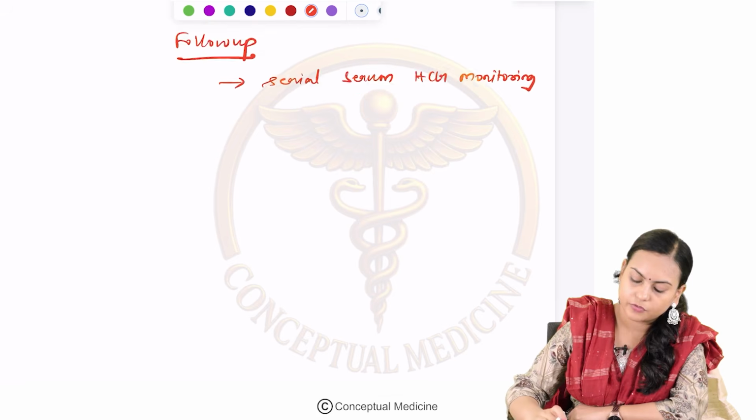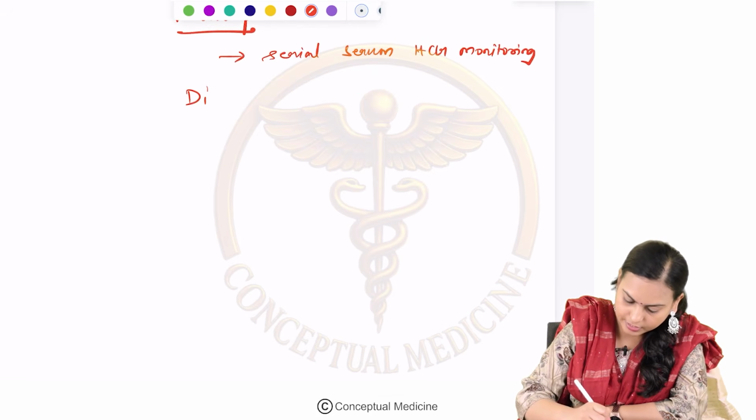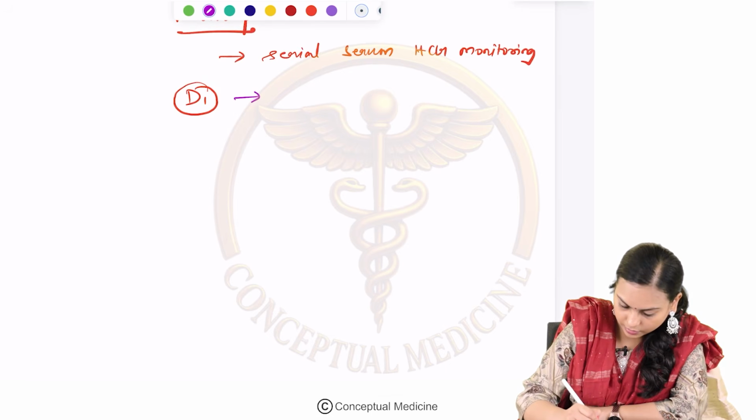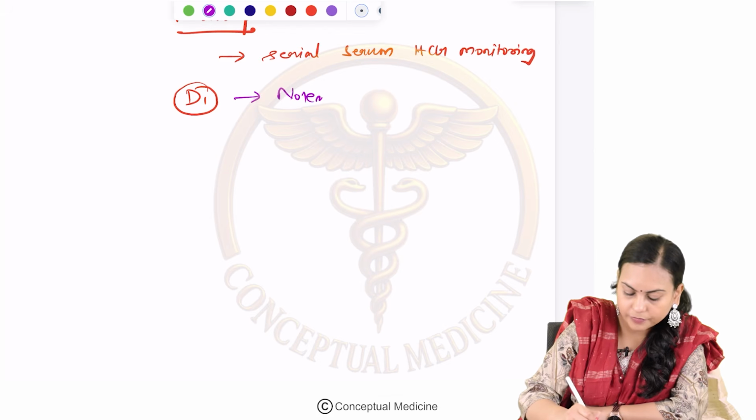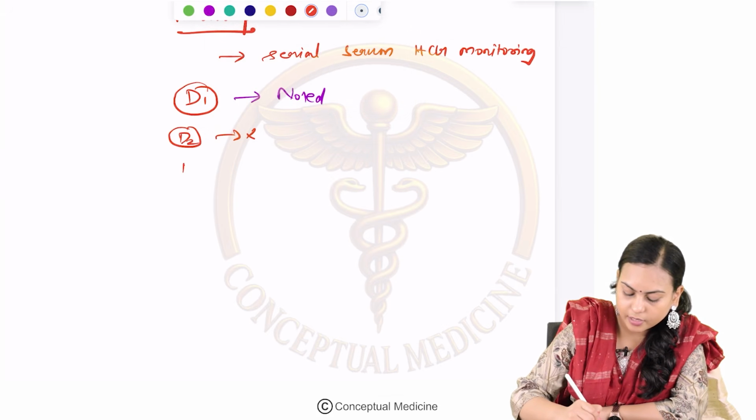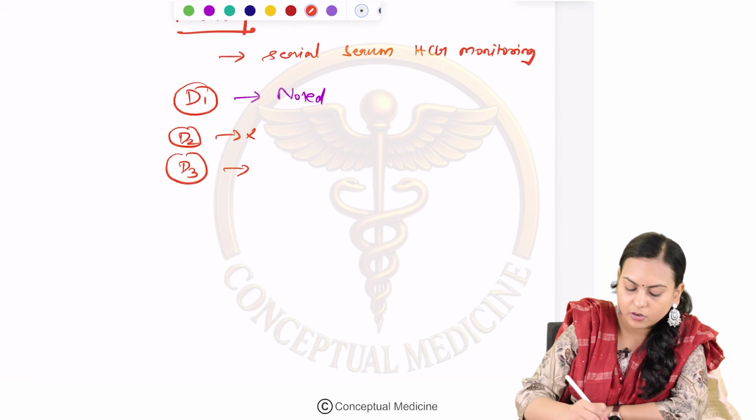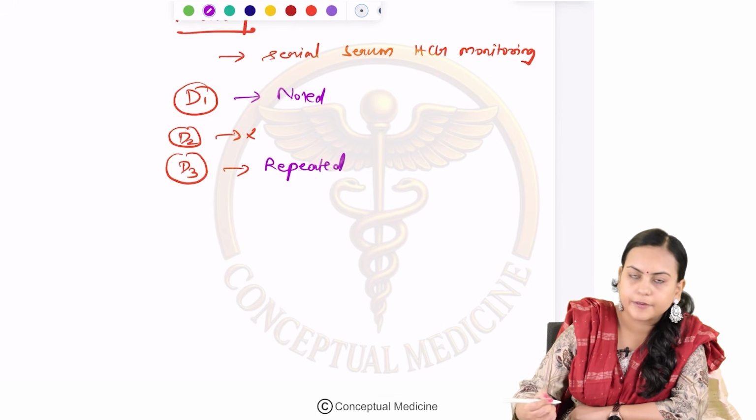Okay. So, for example, we will check HCG on day 1 and make a note of it. Okay. Noted. Then we will leave day 2 and ask her to come on day 3, which is 48 hours later, and the sample will be repeated.